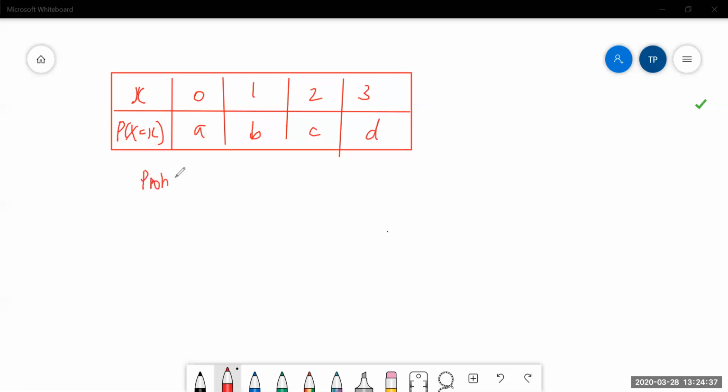It is called the probability distribution function, which is also known as the PDF. From now on, I will keep repeating PDF. What I mean is probability distribution function. Why? Because it's a function that distributes the probability.